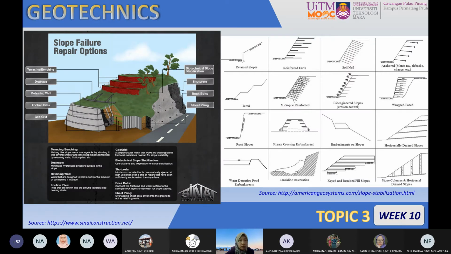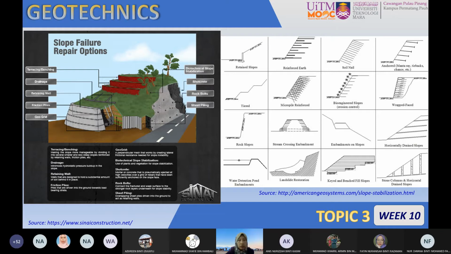The left side of this figure gives you the idea of how an existing slope can be maintained and protected from failure, such as by placing a retaining wall and then using appropriate drainage.